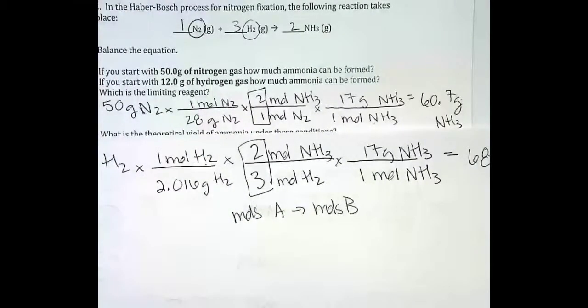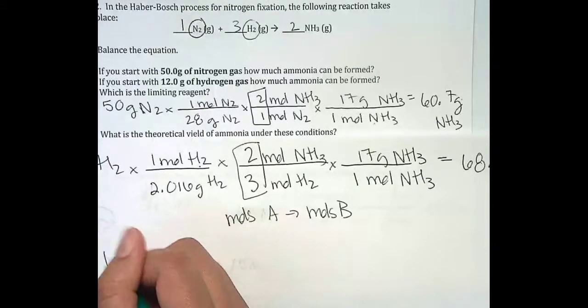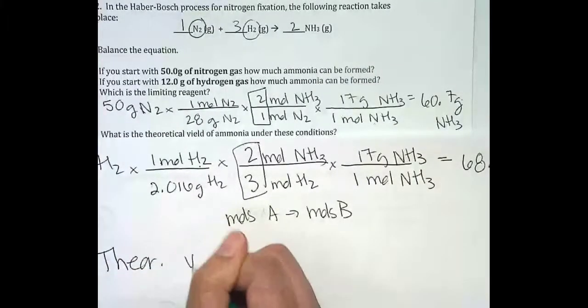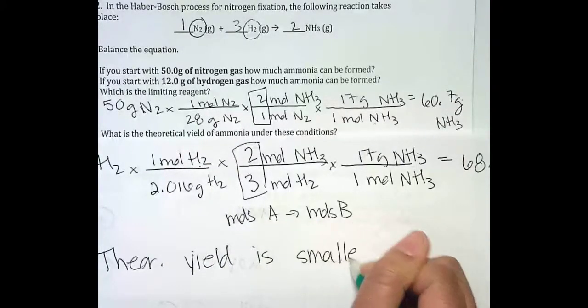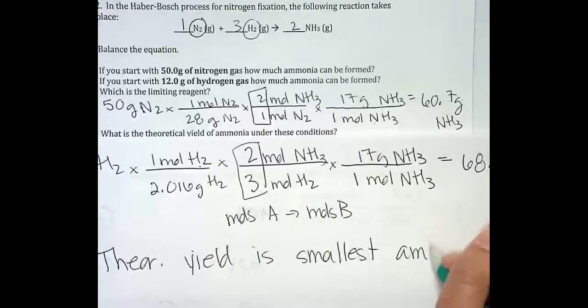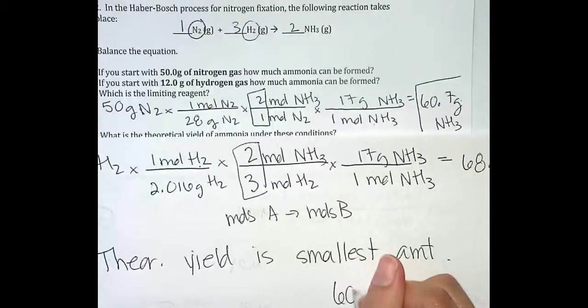Okay, so my theoretical yield is the smallest, whether it's moles or grams, the smallest amount. So in this case, it's 60.7 grams.